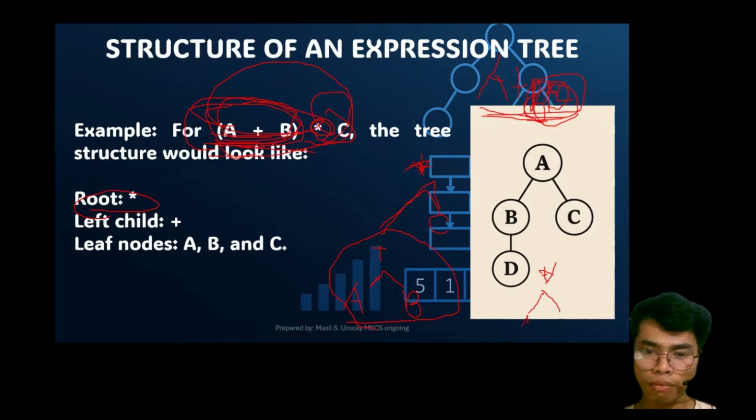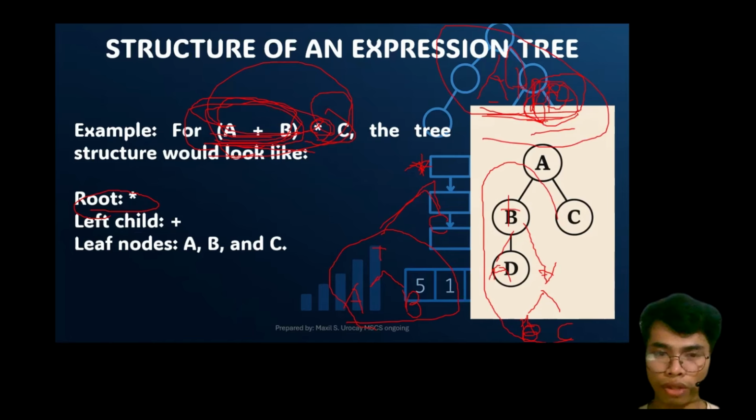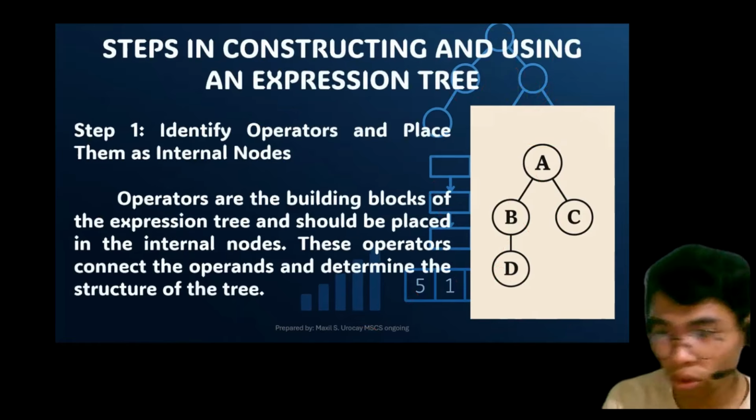So this is A, and no, this is B, and this is C. So the left subtree will be the plus and A. So therefore, this one, B plus C, is plus then A. So therefore, this is the expression tree of this particular structure. So that's how you will work on this one. Hopefully you're able to understand that one.